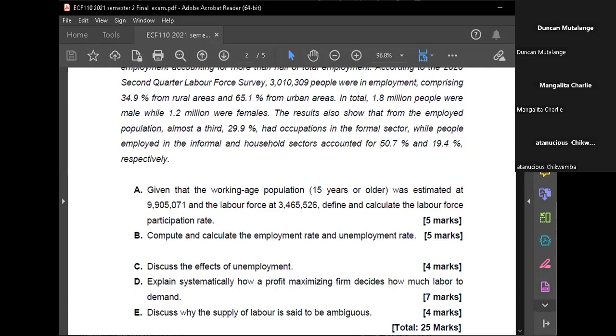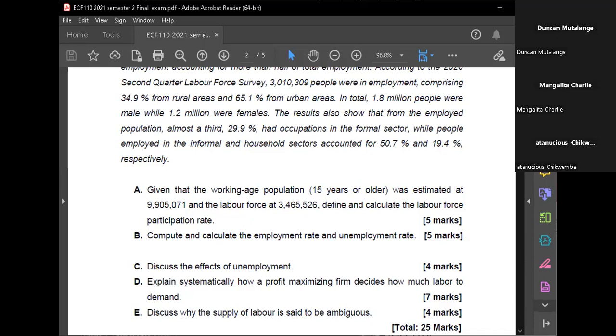Define and calculate the labor force. So what is the labor force? The labor force is simply the total number of people that are either employed or unemployed. That comprises the labor force. Okay, that's the definition. And it says, define and calculate the labor force participation rate.